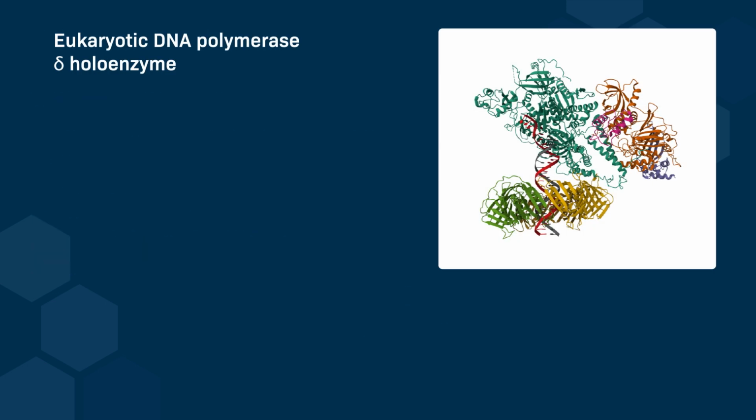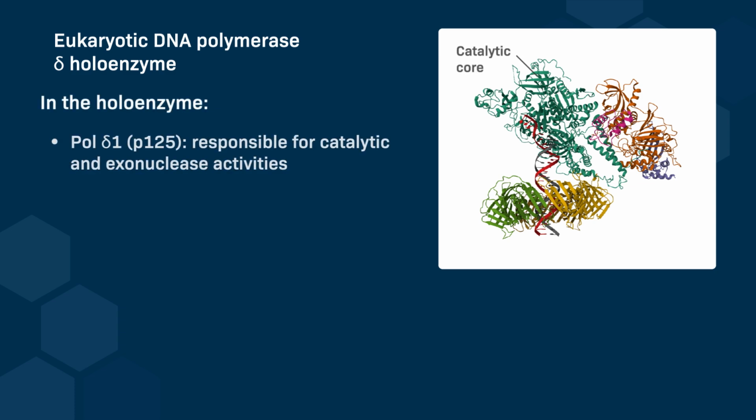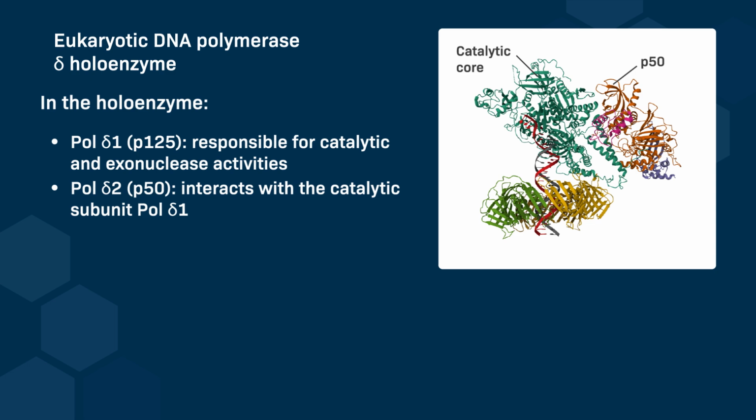In the case of eukaryotic DNA polymerase delta, the holoenzyme includes polymerase delta 1, which is responsible for both the catalytic and exonuclease activities. It also contains Pol delta 2, P50, which interacts with the catalytic subunit.